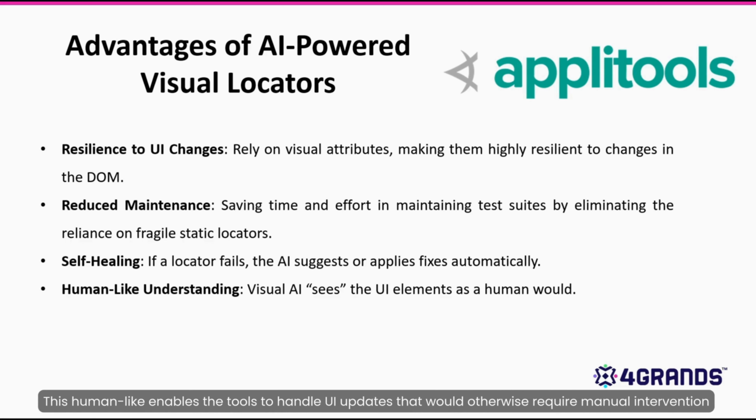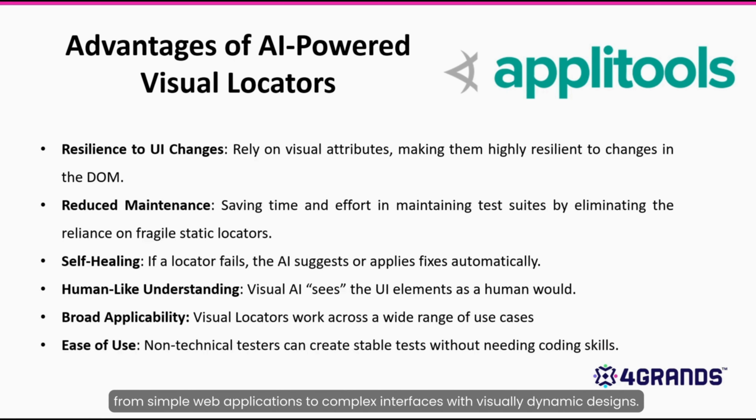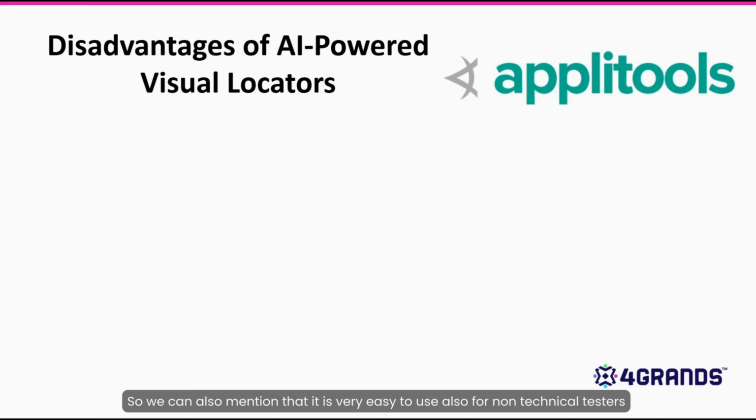This human-like understanding enables the tool to handle UI updates that would otherwise require manual intervention. This versatility makes them applicable across a wide variety of use cases, from simple web applications to complex interfaces with visually dynamic designs. So we can also mention that it's very easy to use, also for non-technical testers.